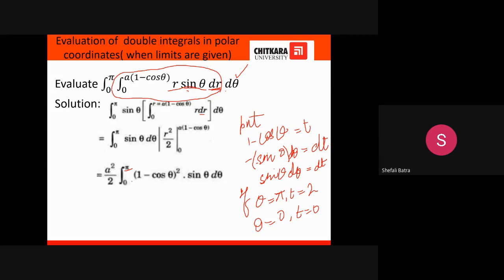So now the new integral would be a square by 2, integration 0 to 2, 1 minus cos theta whole square means t square. Sine theta d theta would be replaced by dt. Now simplify it and integrate it and let me know what will be the answer.